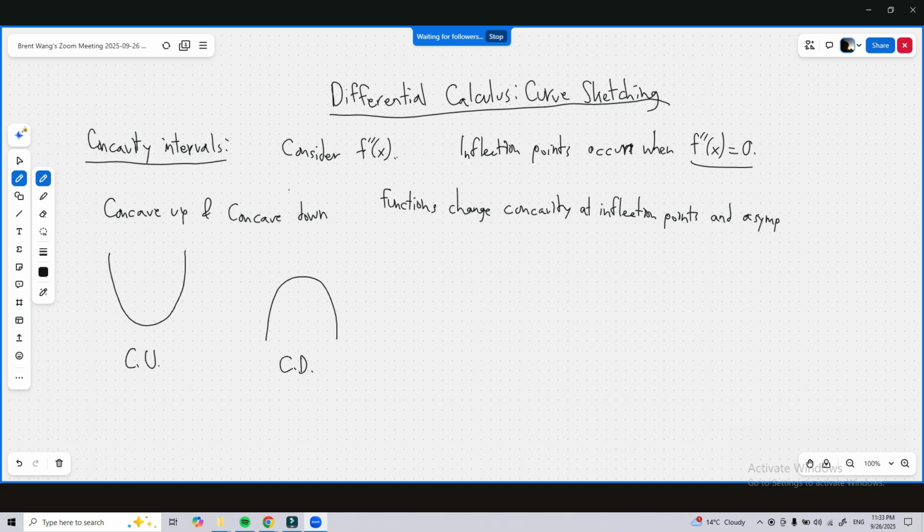And vertical asymptotes, x equals a. So we need to see if the function changes concavity or whether the concavity is the same, basically. I don't have any visual examples to show you now, but you'll see later on.